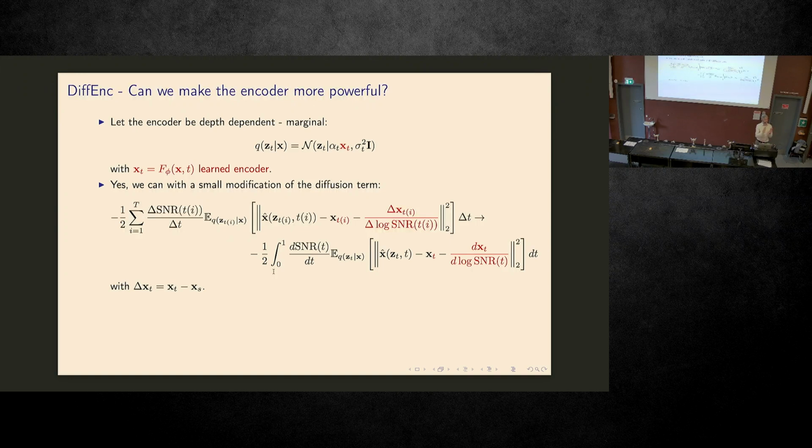There's just a uniform random generator that picks a t. And since SNR is a function of t, you can actually evaluate this. And since x hat and x_t here are all functions of t, that means that for the sampled value of t, you can evaluate this expression, and then you can also backprop and so on.